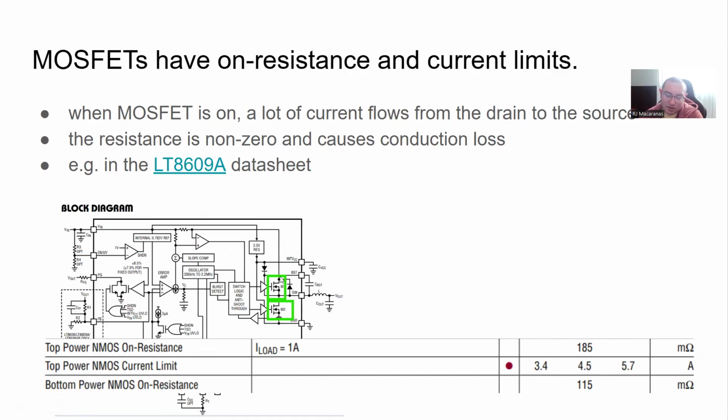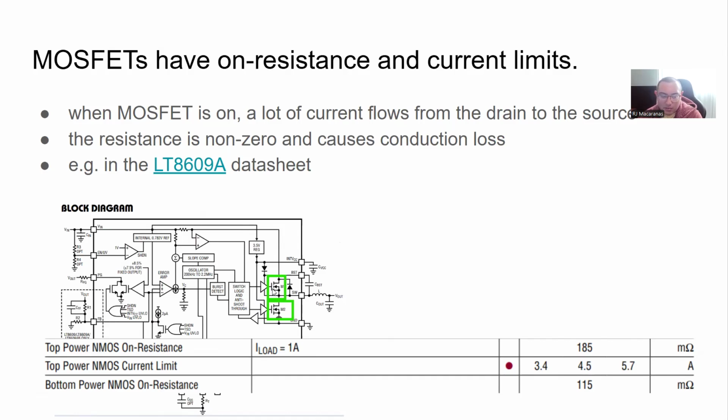From the drain to the source, there's some amount of resistance. This resistance will lead to conduction loss because we have some kind of resistance and current, so that leads to power.